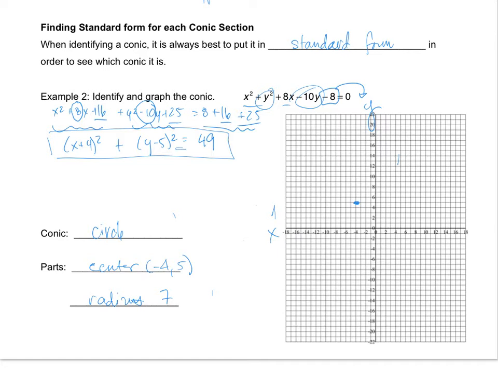And then from the center, we're going 7 units to the right, 7 units up, 7 units to the left from the center, 7 units down, and we can sketch our little circle.